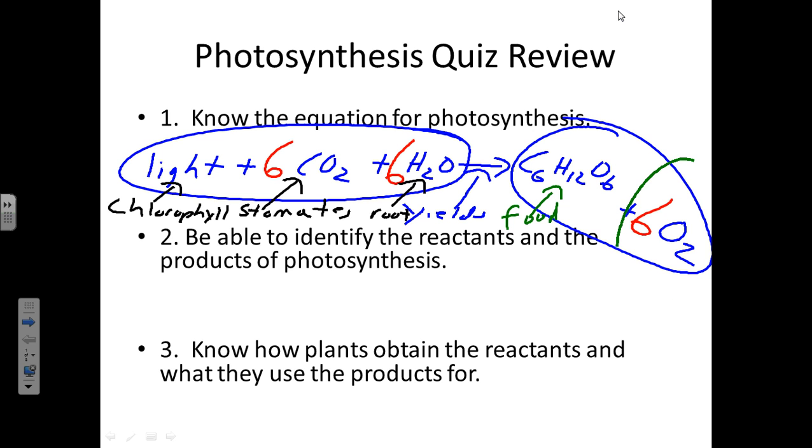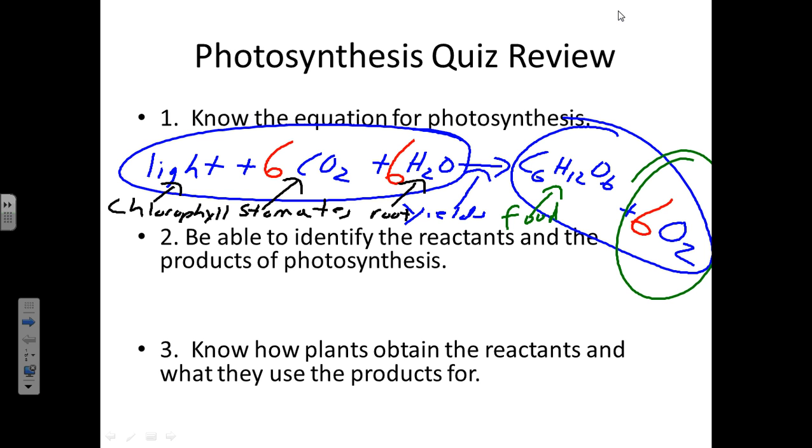The oxygen, do plants need oxygen? Yes. Yeah, they need some to do what process? Yeah, aerobic respiration, aerobic cell respiration, but they make more than they need. So a lot of it's just given off. And again, how does it get out? Through the pores in the leaves, the stomata.